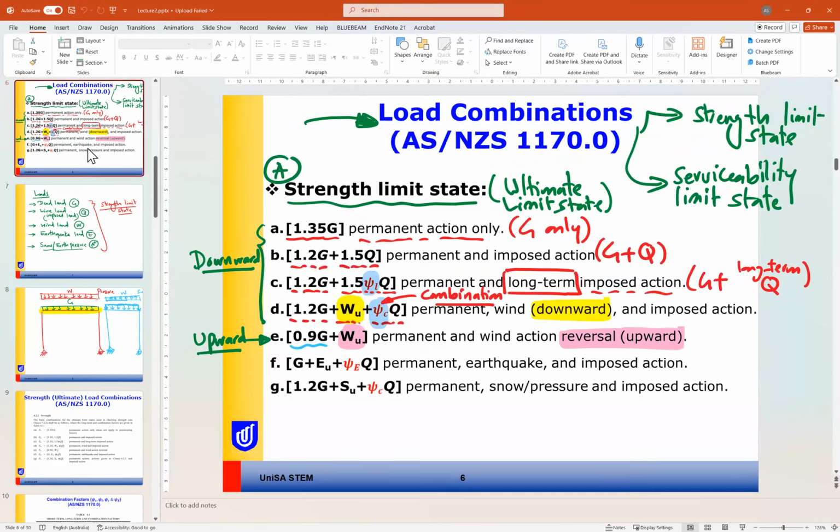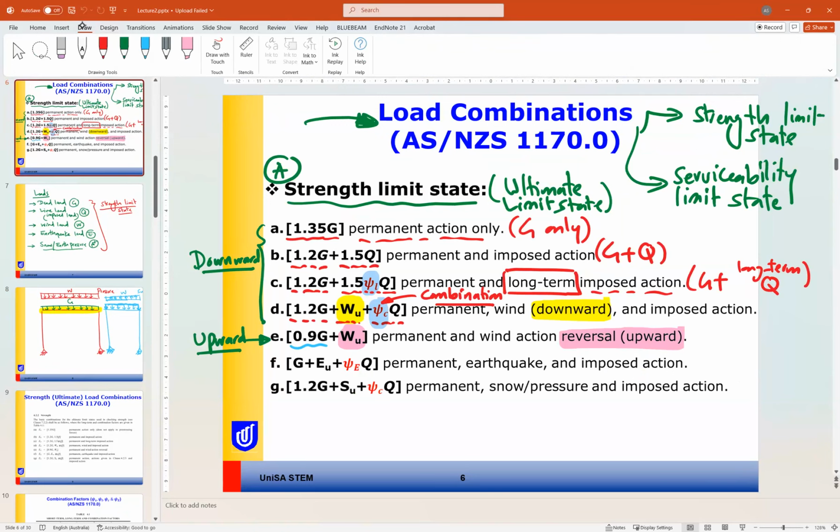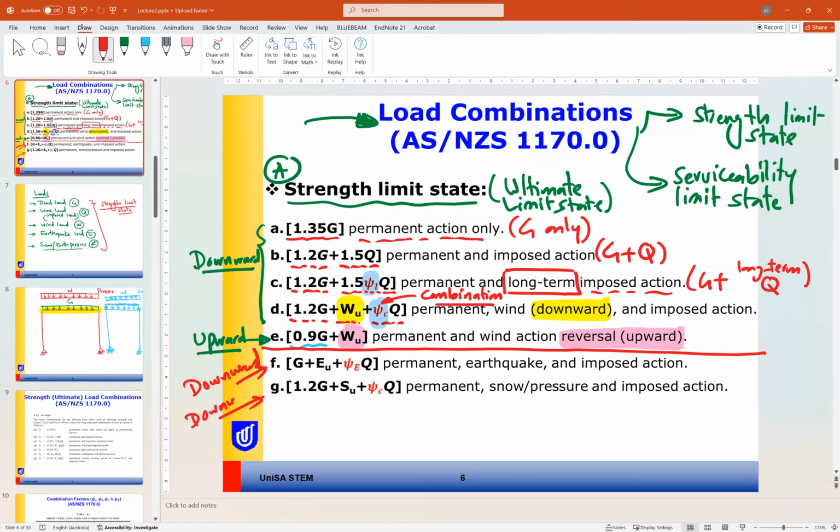So now these are the possible load combinations we can have for strength, and in our course we will focus on up to here. So no wind or earthquakes. Again, this is for earthquakes downward, and this is also for snow and so on, downward.